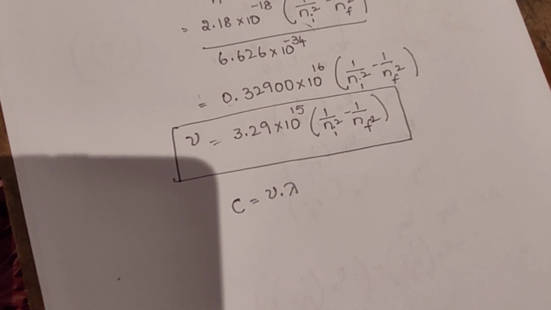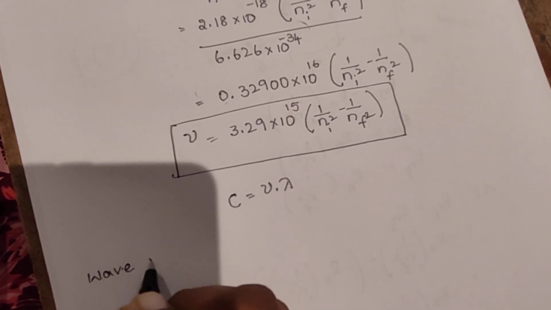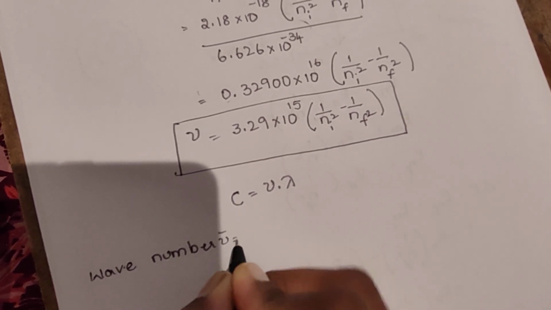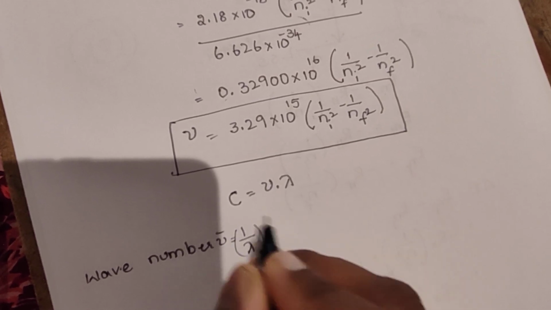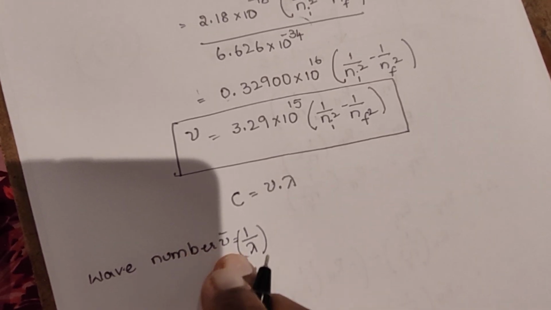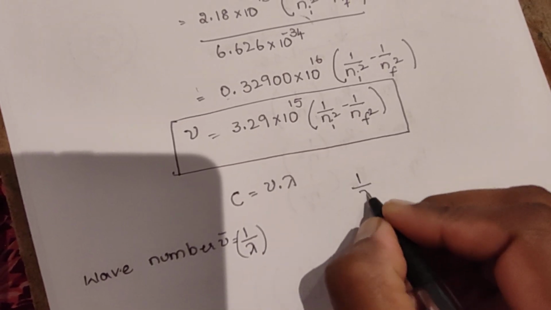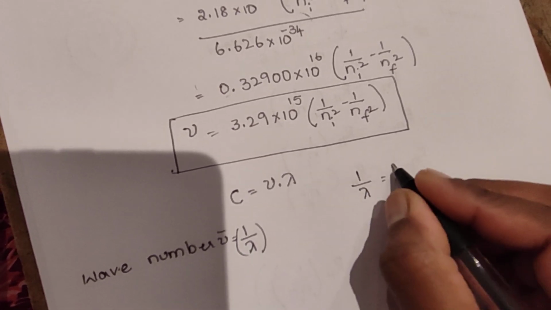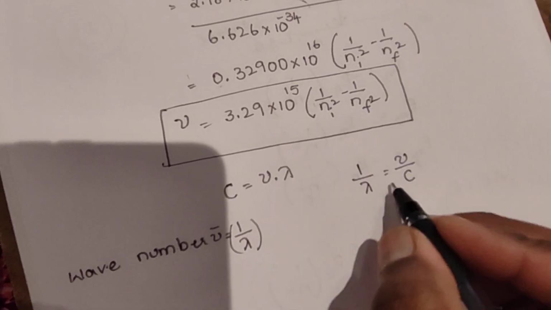So by using this formula, wave number nu bar is equal to 1 by lambda. Number of wavelengths per unit length is known as wave number. So from this formula, 1 by lambda is equal to nu by c.